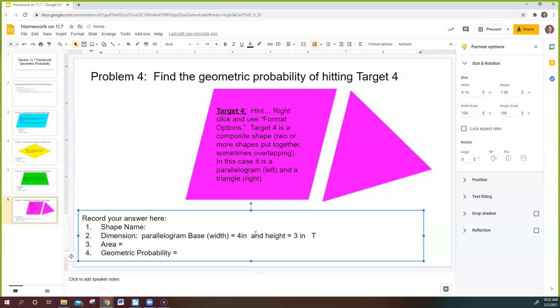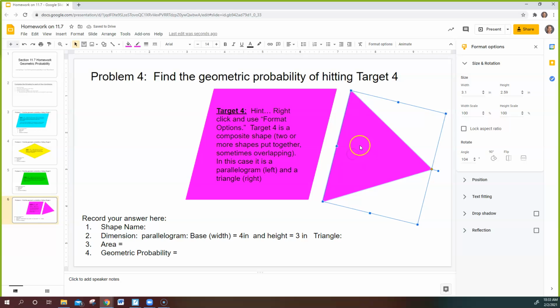And then I would also have to say the dimensions for the triangle, right? Because the triangle is different. So when I click on that, the format options tell me the width, and you could think of this one as 3.1, and the height is 2.59.